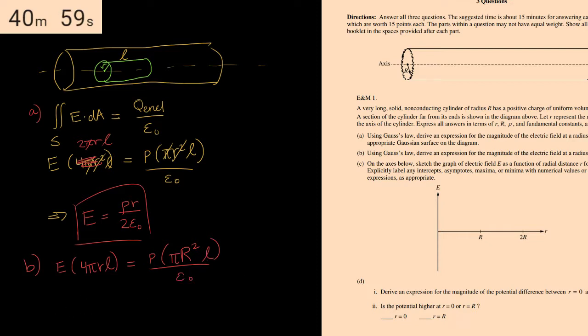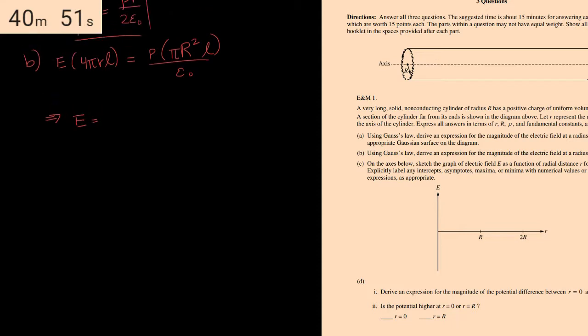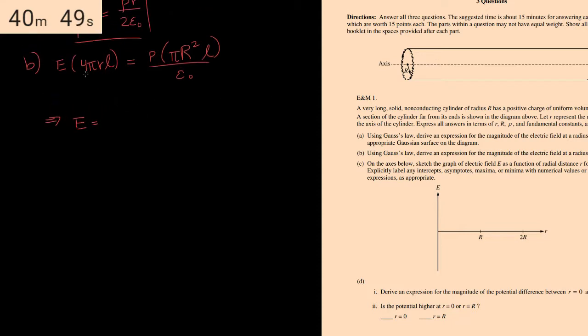And let's scroll down a bit for space. This tells us that the electric field for part B is going to be very similar to the one in part A, except now we're going to divide off our pi's. We're going to have rho, the L's go away, R squared over, and then we have 4. Where did that 4 go last time?